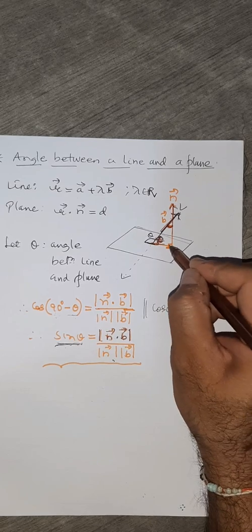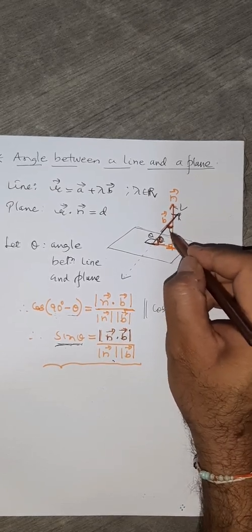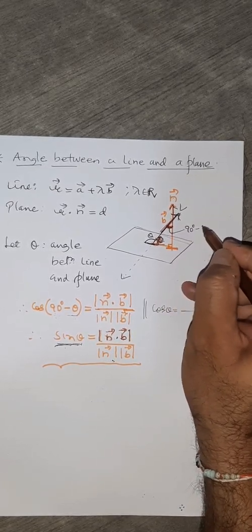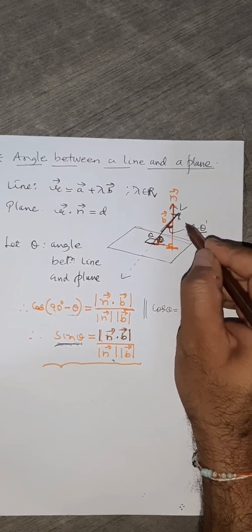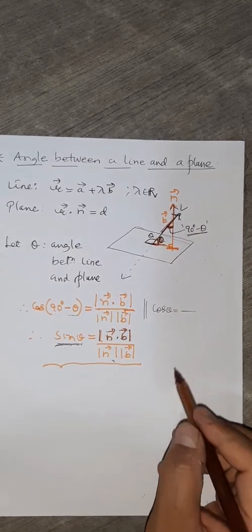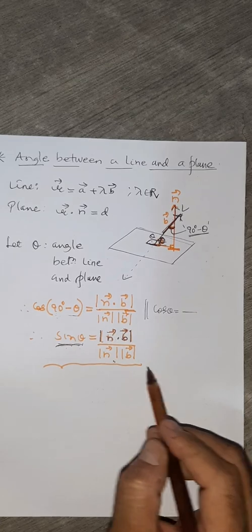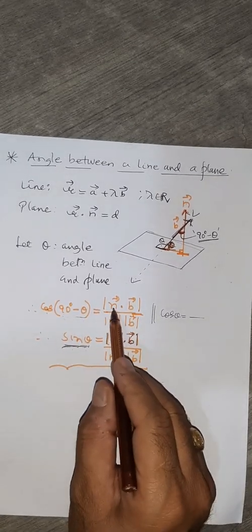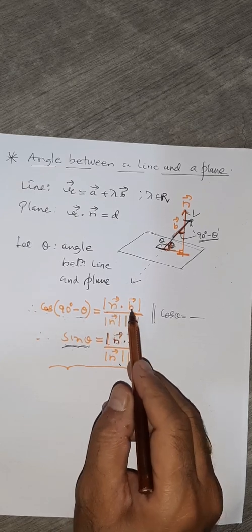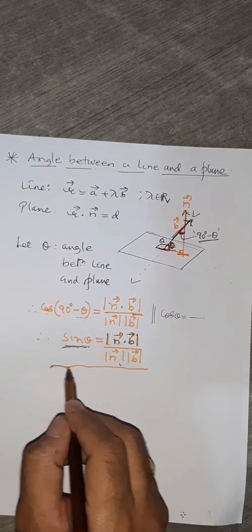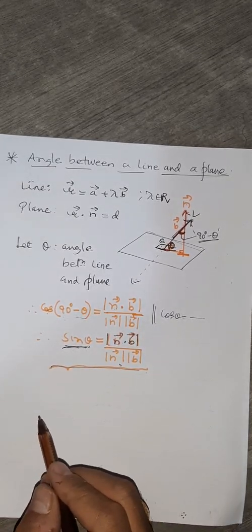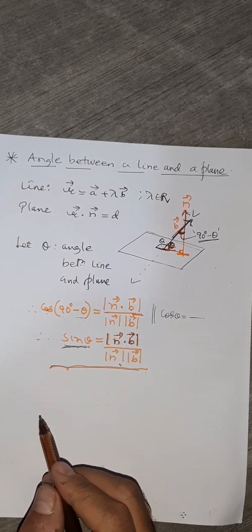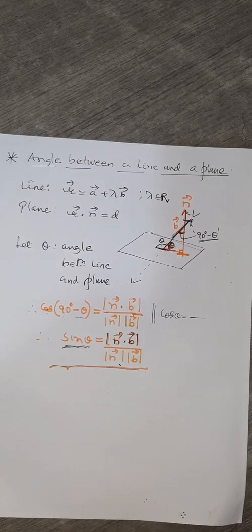This is theta, this is 90, so this has to be 90 minus theta, in this triangle. So cos 90 minus theta equals the dot product of the normal and the direction of the line upon their individual modulus. So this is all in all the theory portion of the planes. In the next session we see the next exercise.